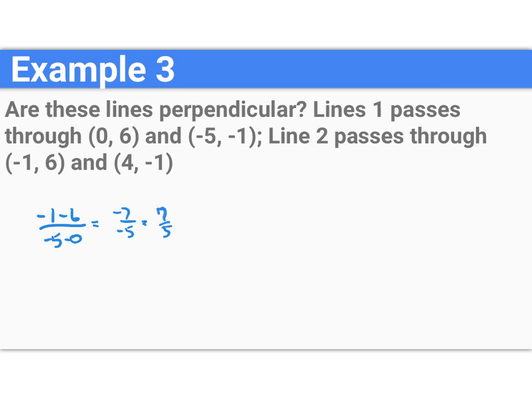And for line 2, -1 minus 6 over 4 minus -1 gives us -7 over 5. 7/5 is perpendicular to -7/5? Is not perpendicular, no. Because all we did was multiply by -1, but we did not flip the fraction upside down.